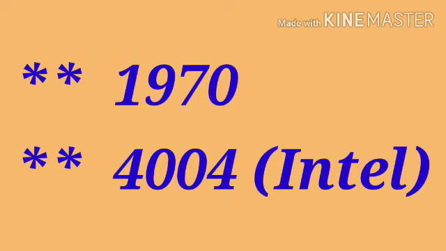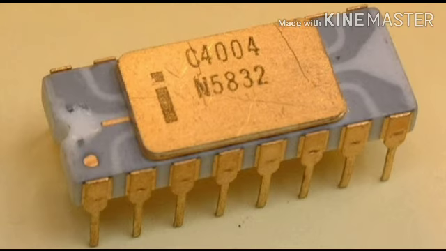It was developed by Intel Corporation. It is a programmable multi-purpose silicon chip, and it is driven by clock pulses. This Intel 4004 is a commercial microprocessor. It is a 4-bit processor. It has 4 input and 4 output pins.